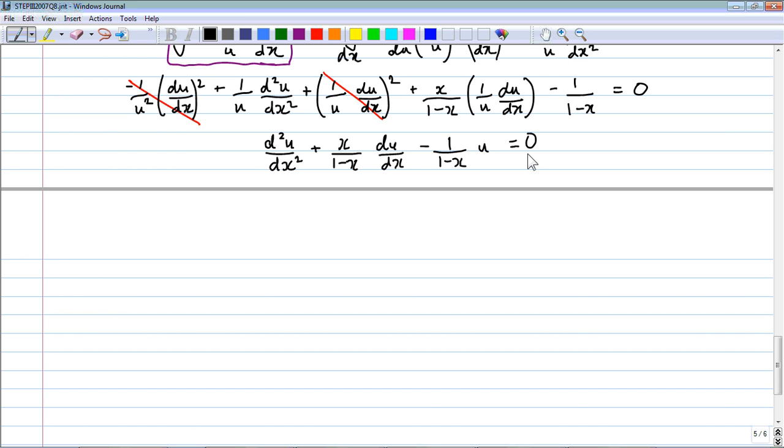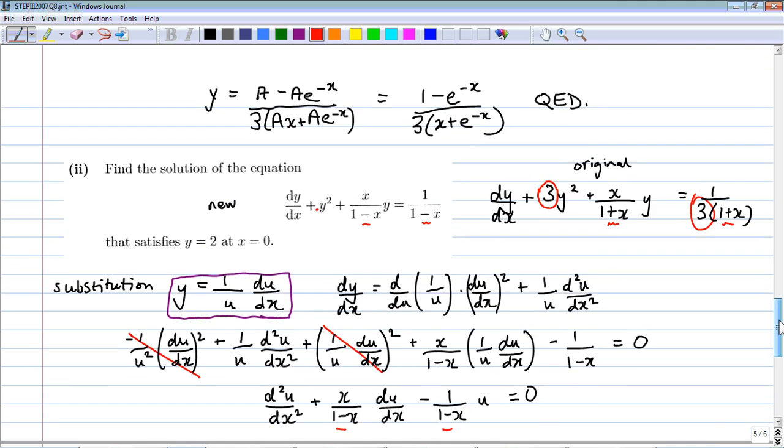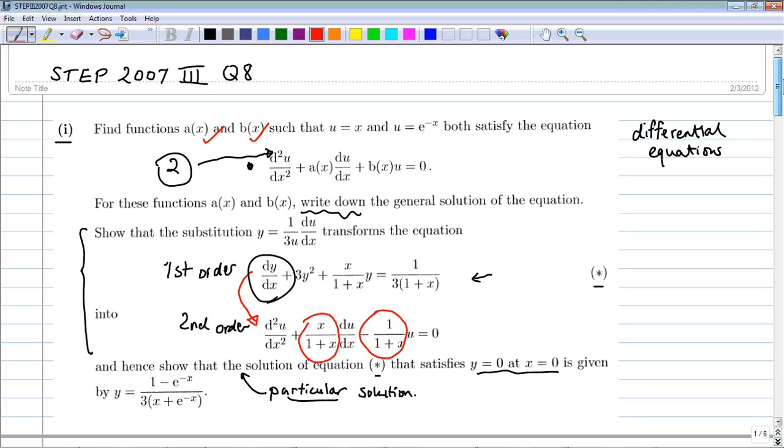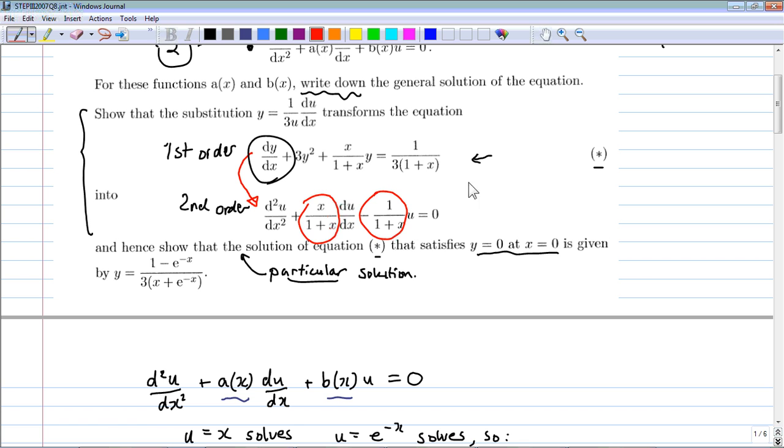equals 0. Okay, so this equation that we've got from this substitution looks different in one particular way, which is that instead of 1 plus x, we have 1 minus x here and here. So quick reminder, the thing that we worked out at the beginning was this one here, and it had 1 plus x in the denominator in both cases.